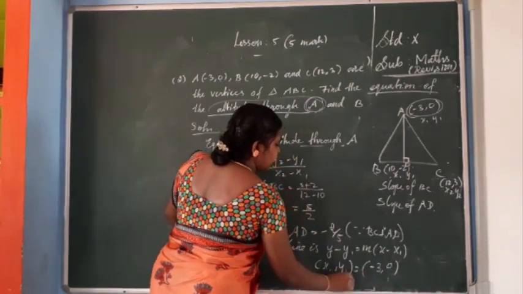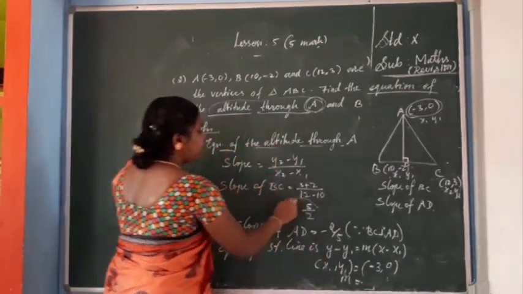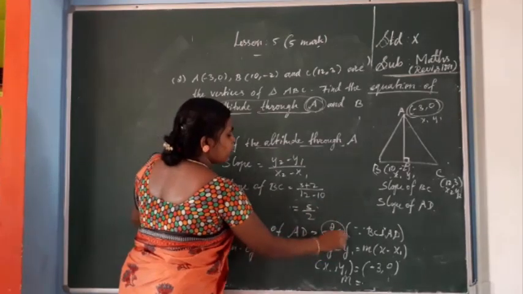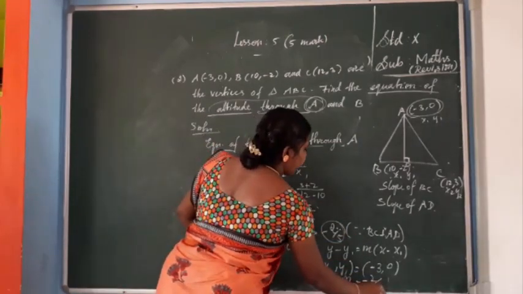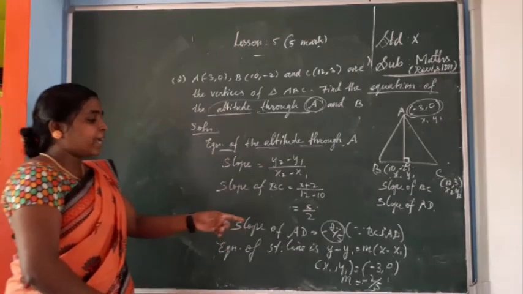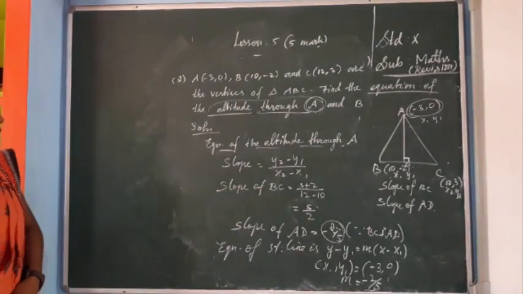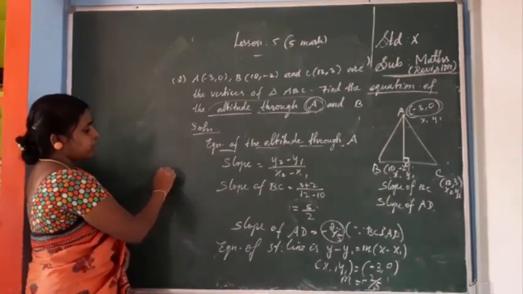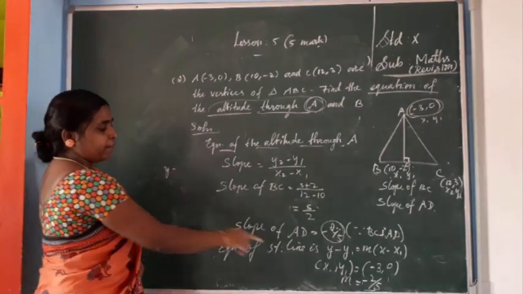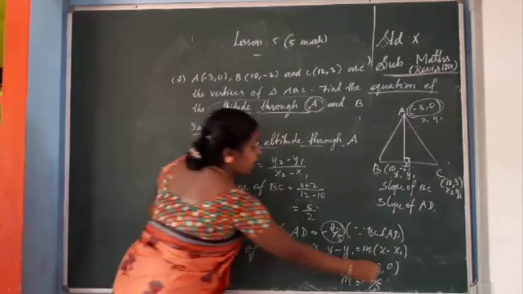Next, m is the perpendicular slope, which is minus 2 by 5. Now you substitute in that formula. So what do you get? y minus y1, and y1 value is 0.